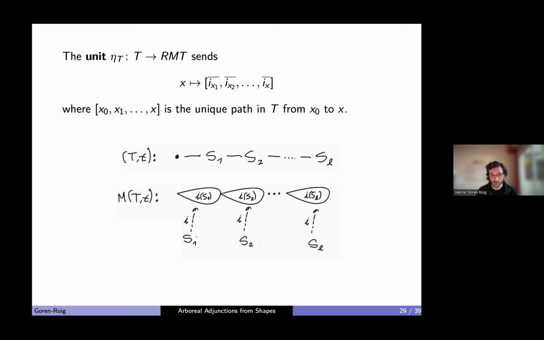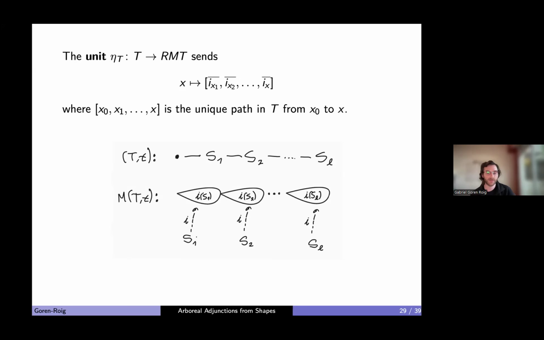And because this was glued from, sorry, not from maps into it. So what I want to say now is that because the tree was labeled with these shapes, you have maps from the shapes to these cells, so to speak.